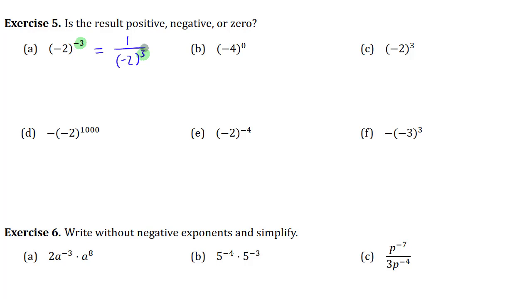Well, it means 1 over negative 2 times negative 2 times negative 2, 3 times, and two of these are going to pair up and make a positive. Negative 2 times negative 2 is positive 4. So this is the same as 1 over positive 4 times negative 2.